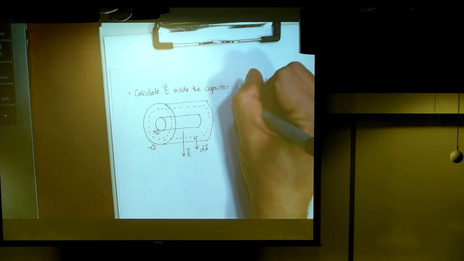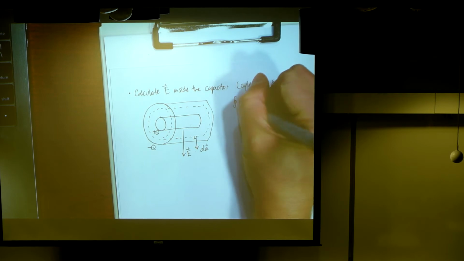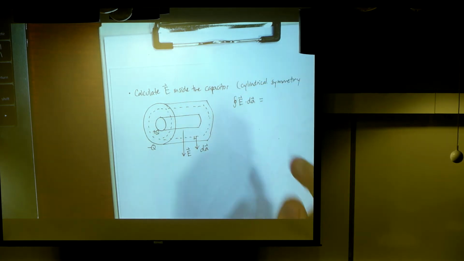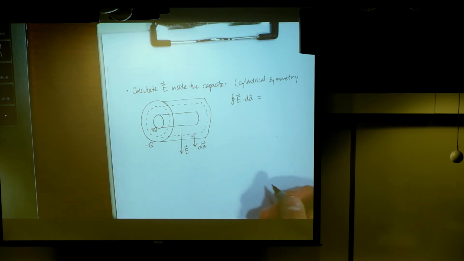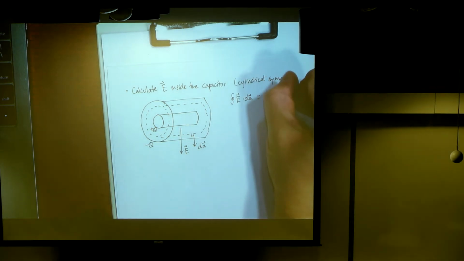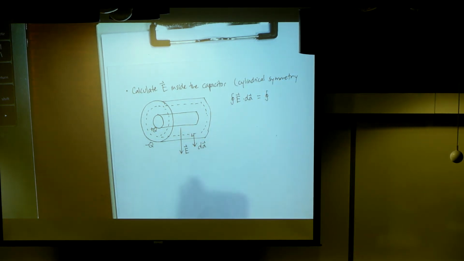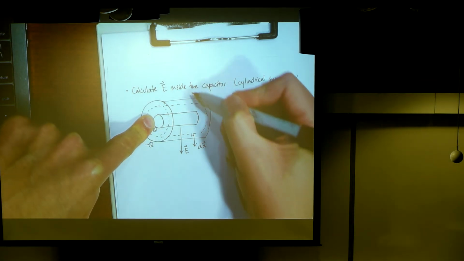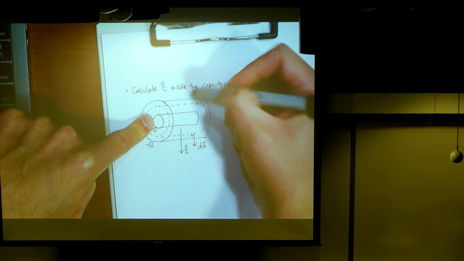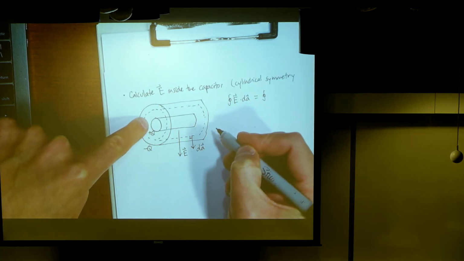All right, so let's do this one. E dot dA integrated over the surface. Do you remember how this works out for cases of cylindrical symmetry? If not, let's go through it again. E dot dA, let's do that real quick. First of all, for the surface I drew, there's only going to be flux through this curved surface, not through the two end caps, remember?